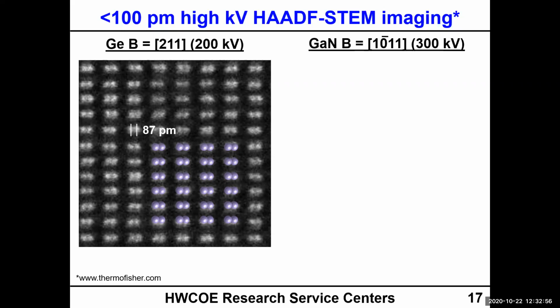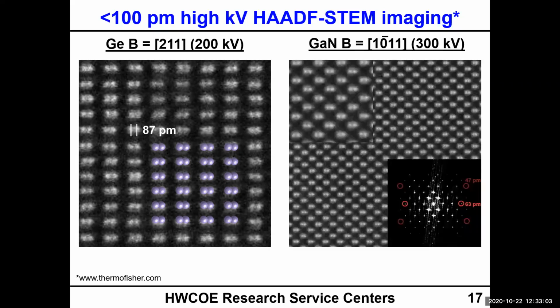This is what we have on our tool at 300 kilovolts, if we look at gallium nitride along the 211 or the 101 bar 1. I apologize, that bar should be over the third index, not the 0. Not sure why that's showing. But you can see, again, pairs of dots, and those are actually pairs of gallium atoms.